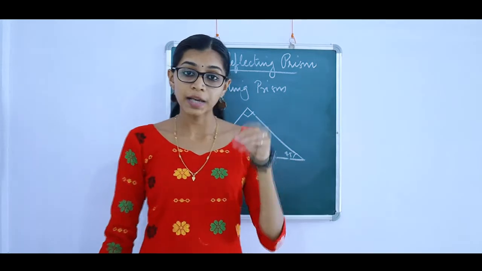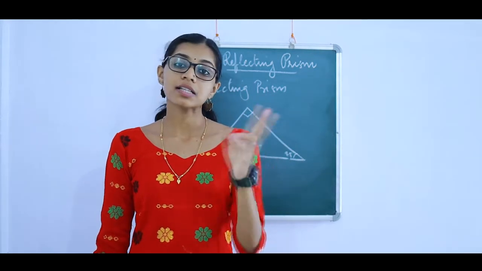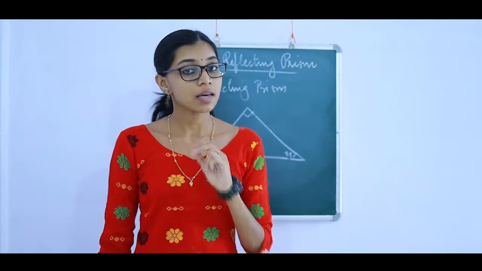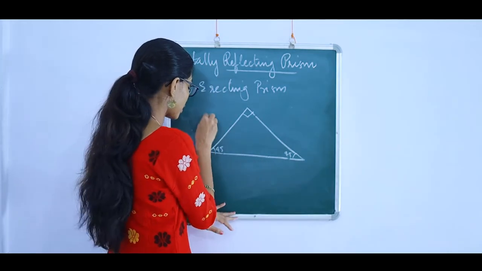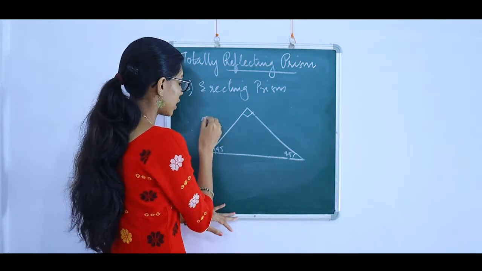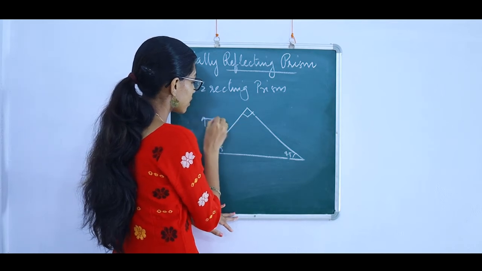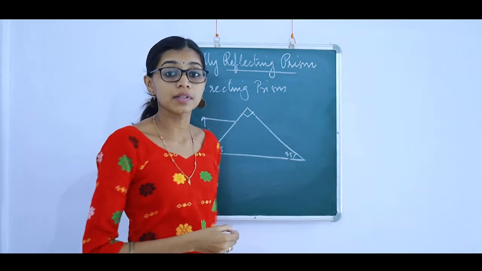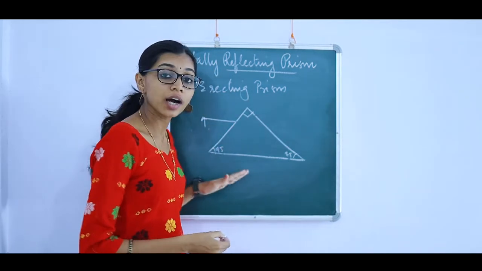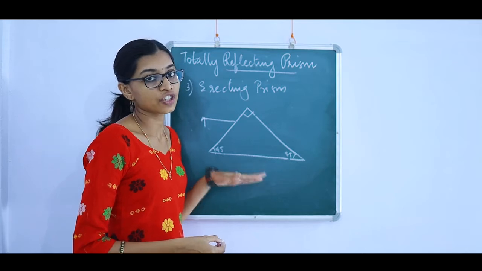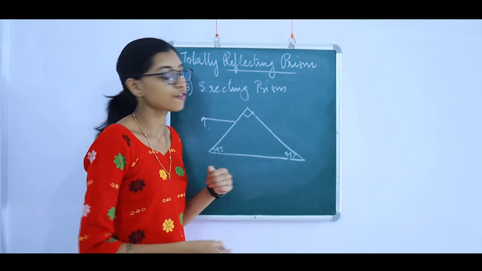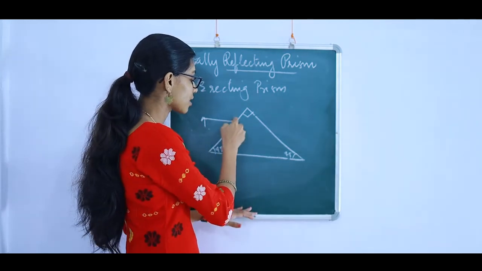Now we are going to place an object which is already inverted and then we will see what happens to the image. So I keep an object here. Okay. So a ray going like this. What happens? It will have to undergo total internal reflection at this surface itself because this is not 90 degree.